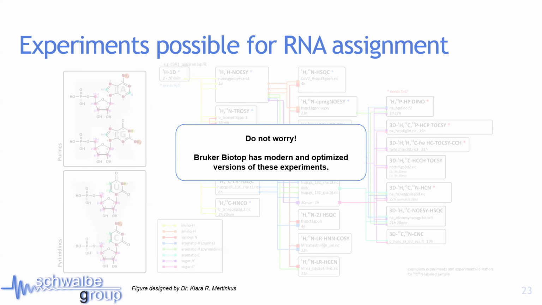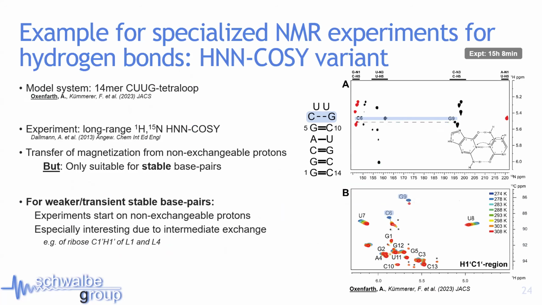I think the general settings of those experiments are already quite decent. And if you have some experience with NMR, you can improve these experiments quite a bit and get really nice spectra quite quickly. So if you have a project where you might need to describe the structure of an RNA and you're wondering how to start with it, I think this is a great tool.